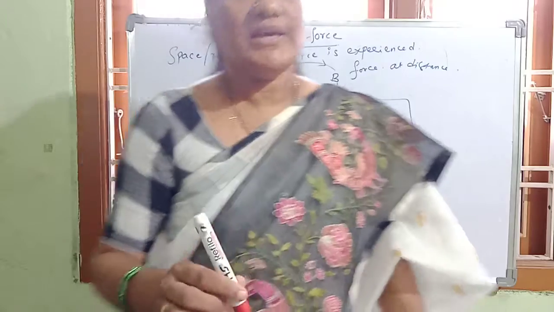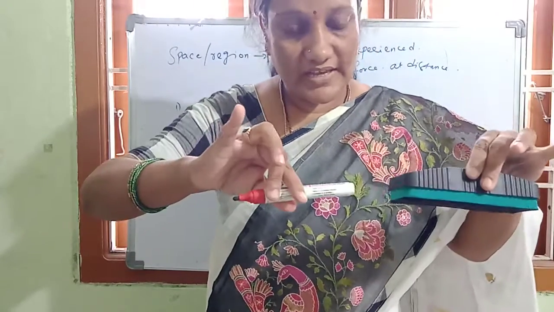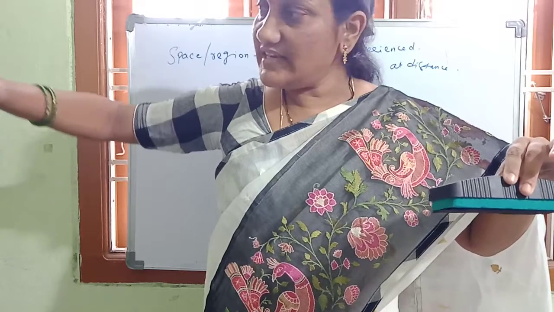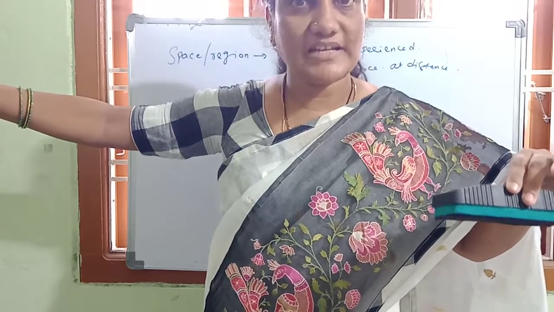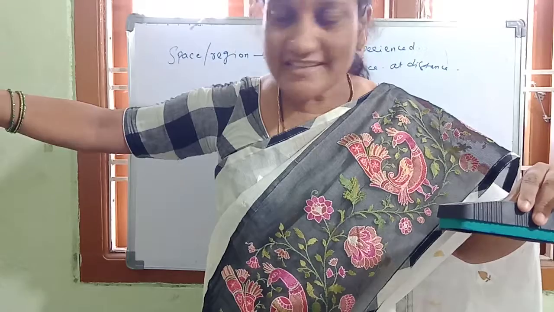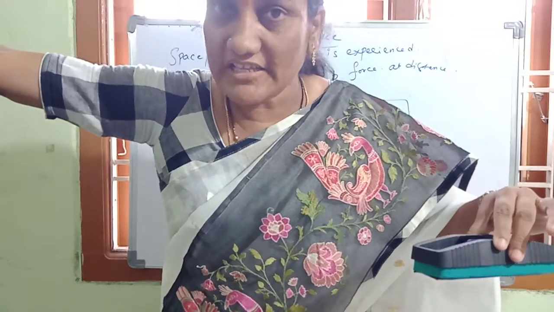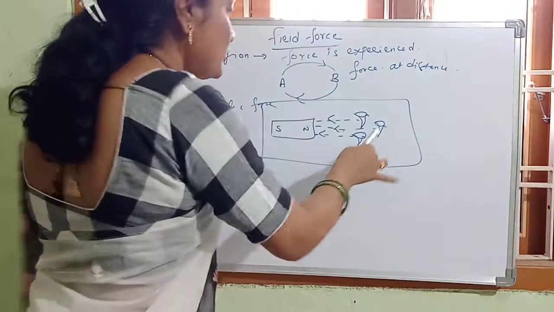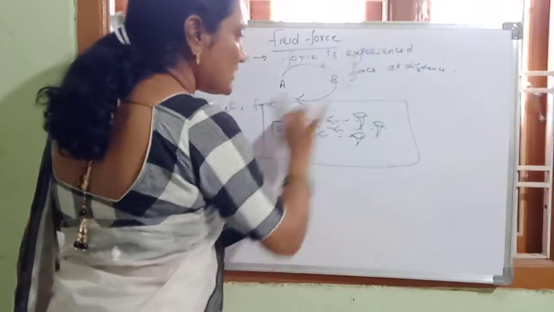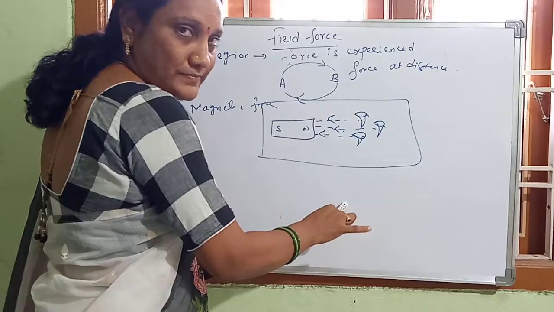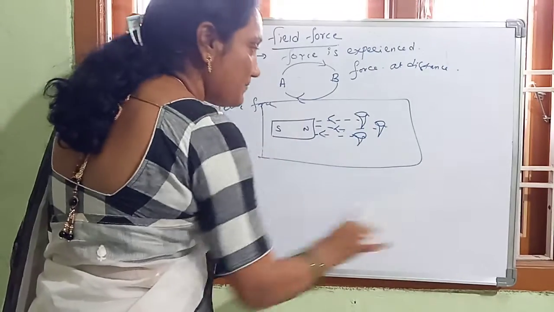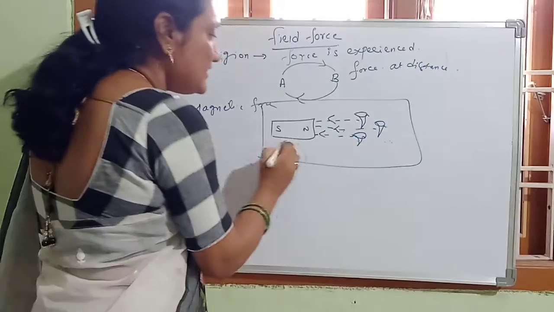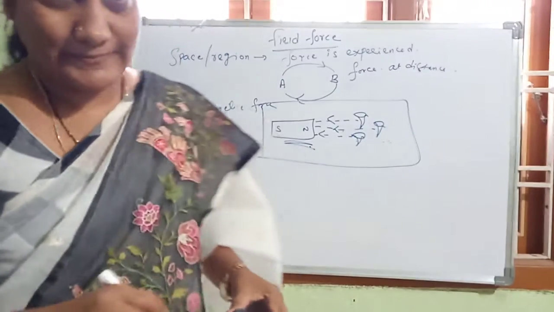You just see, when small kids play, when the nails come closer to the magnet they are attracted. If we go on moving the nails away from the magnet, they will not be attracted. Why? Because they went away from the field produced by the magnet. When they enter the field produced by the magnet, this total field produced by the magnet attracts the nails.